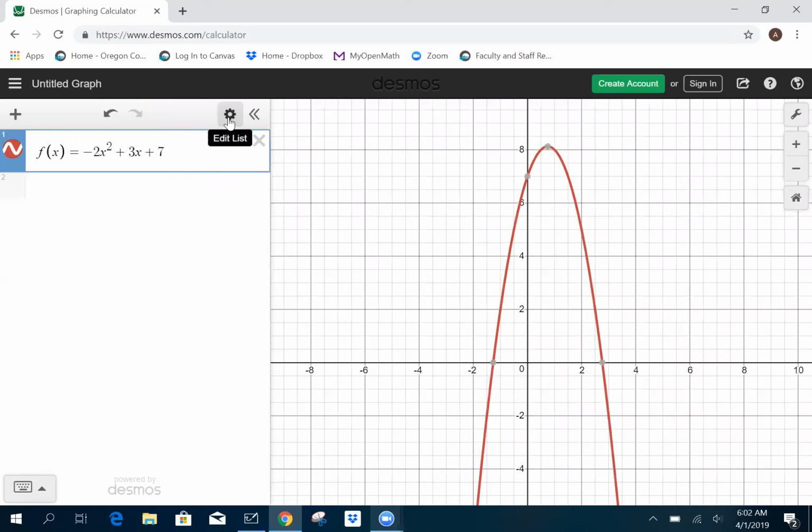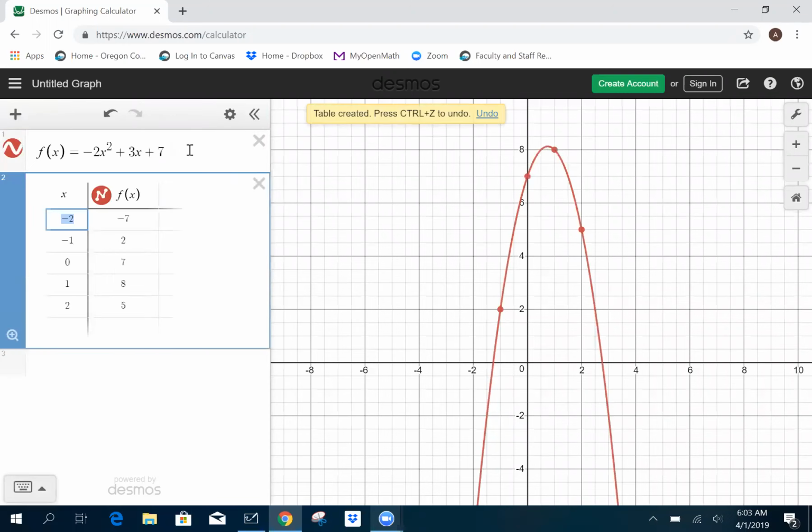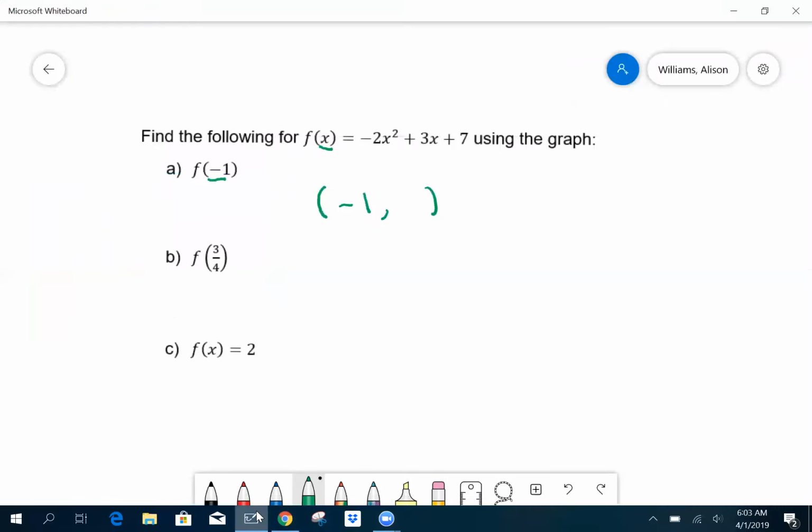If you go back over here to this little cog button and hit table, I can look at set values for x that they have given me. I see the second value here, negative 1, 2, is the answer to that question. So I'm going to come back over here and put a 2 in. Or another way of saying this in function notation is that f of negative 1 equals 2.